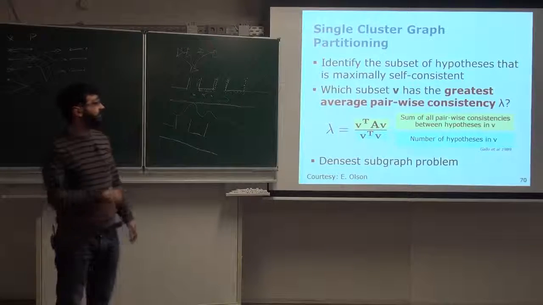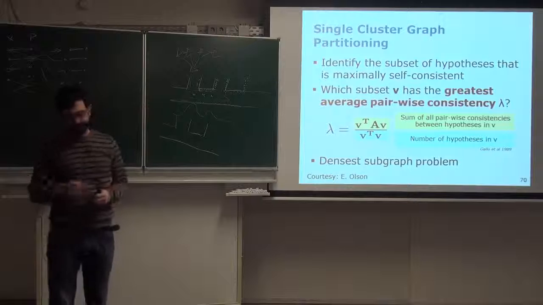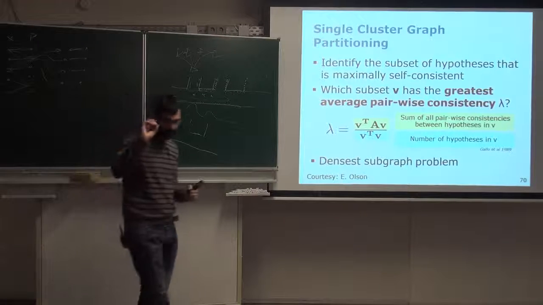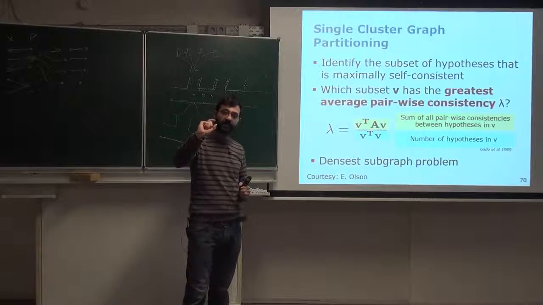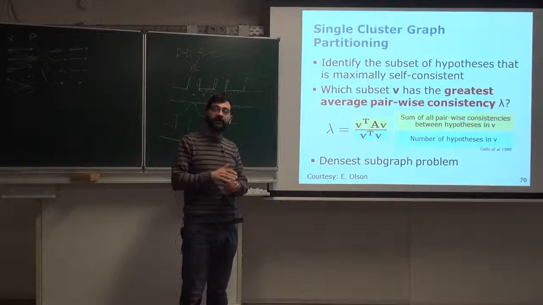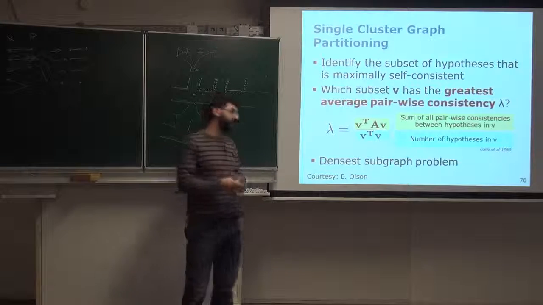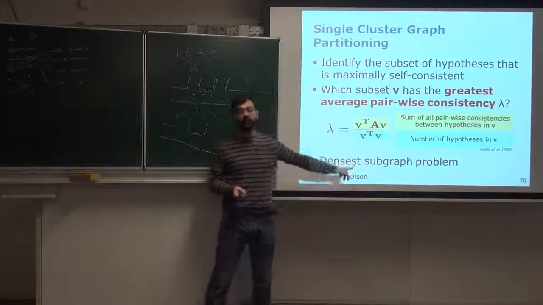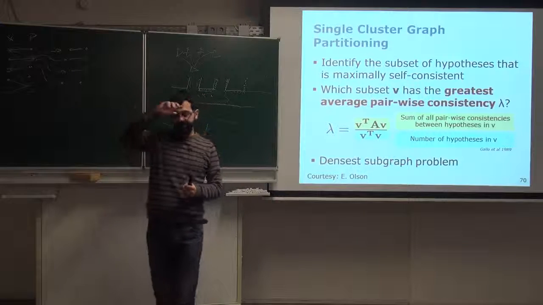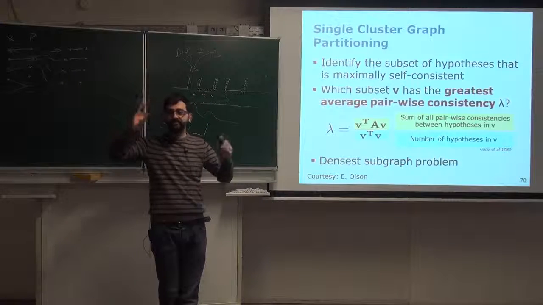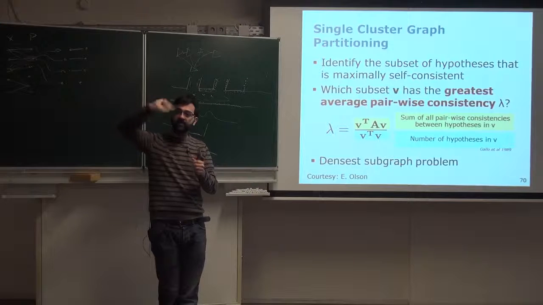The problem of this formulation is that if you stick to 1, 0, so the indicator variables in the vector, you end up with a problem which is NP-hard. It is called the densest subgraph problem. You want to find the subgraph which is the densest, in the sense that the weight in the edges is the highest.